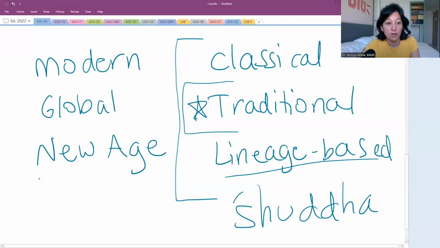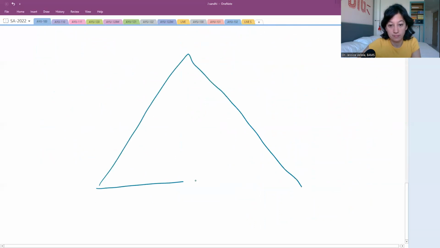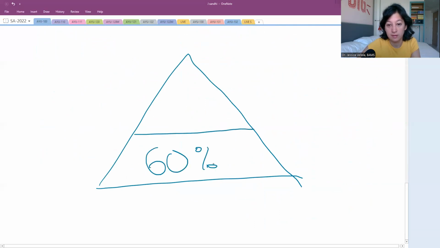to seem. Rather, instead, what Ayurveda has is a strong foundation in the physical. And this is about 60%. This is the physical manifestation of human life.